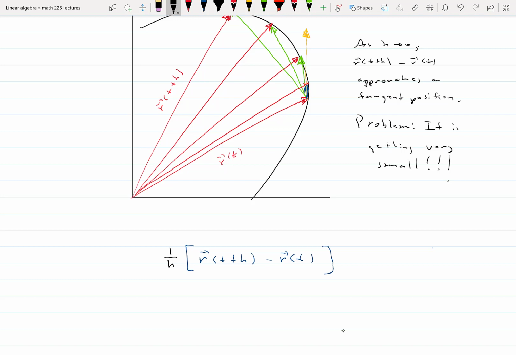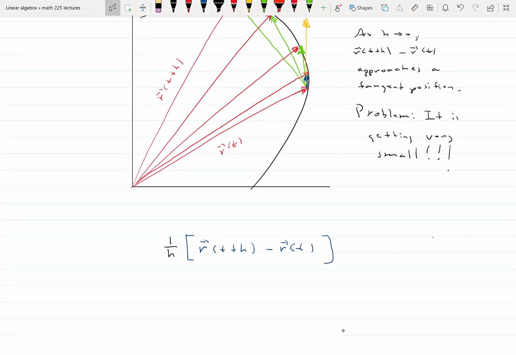Hopefully, in the limit as h approaches 0, the yellow vector that I've drawn, the one that's approaching the tangent position, doesn't get too big. If it doesn't get too big, then I get the derivative. This is the reason why we have this derivative the way it is.